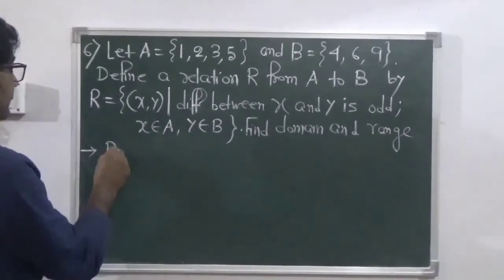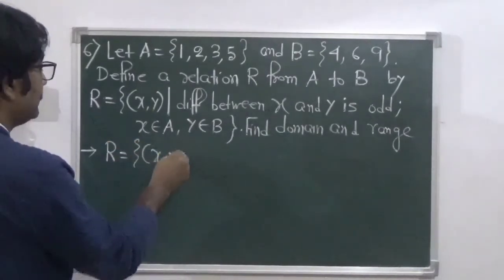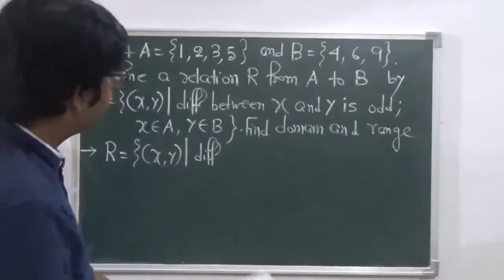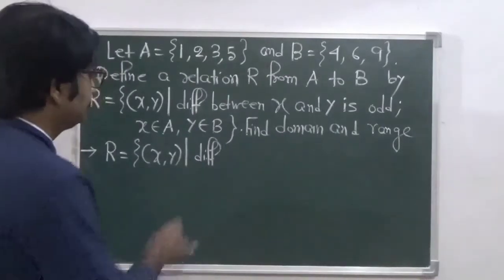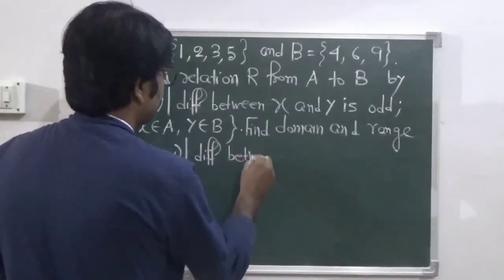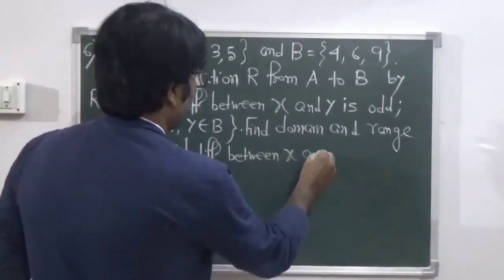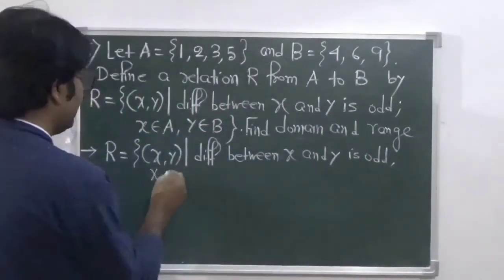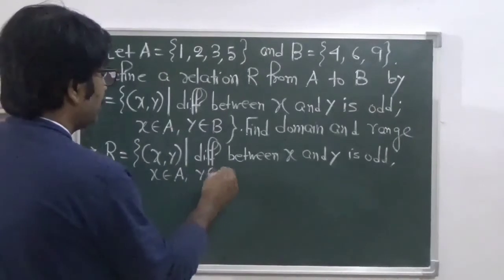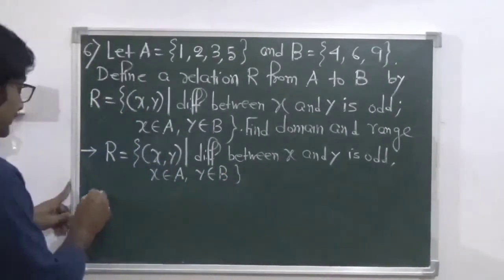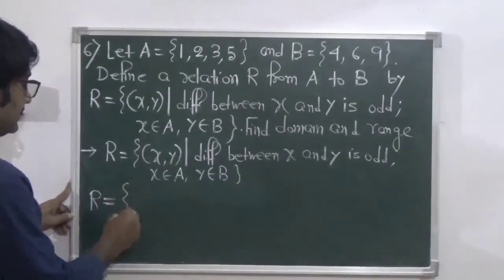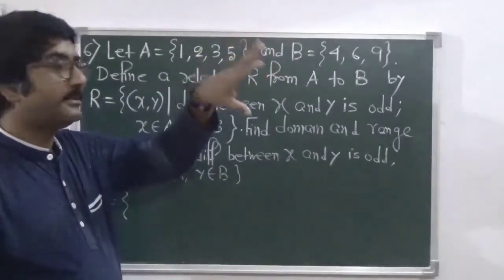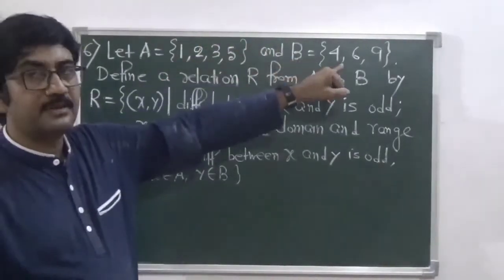The relation is given as (x, y) such that the difference between x and y is odd, and x belongs to the set A and y belongs to the set B. So let us define the relation as, if we move from set A to set B, the difference between the elements is an odd number.